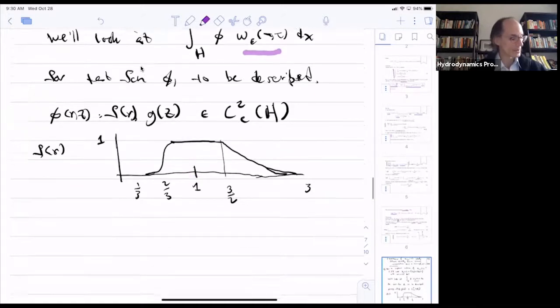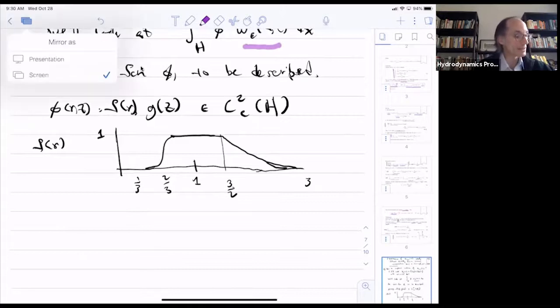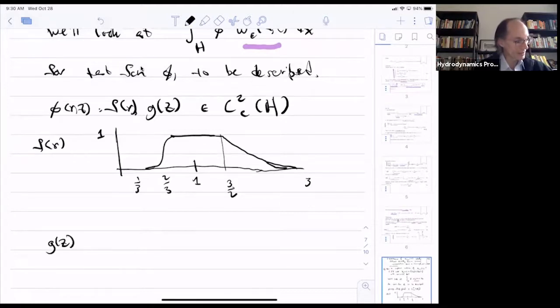So this and g of z, let's write this down. Instead of drawing a picture, g of z will equal, well, I want this to tell me how far I've moved from the initial position. And so there's some z epsilon of 0.